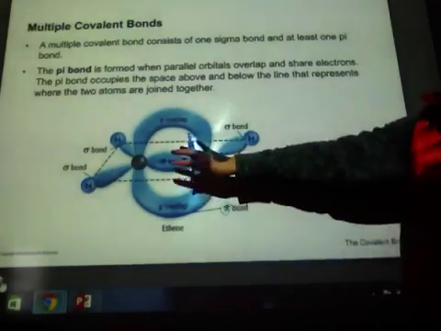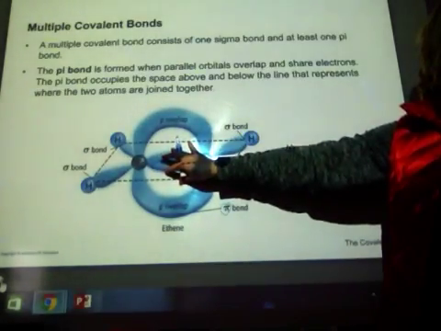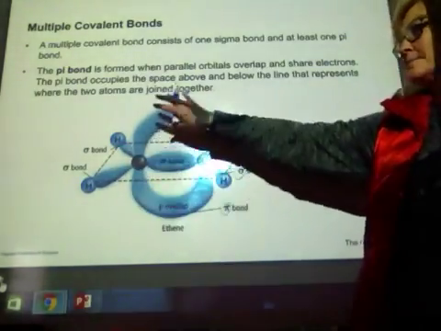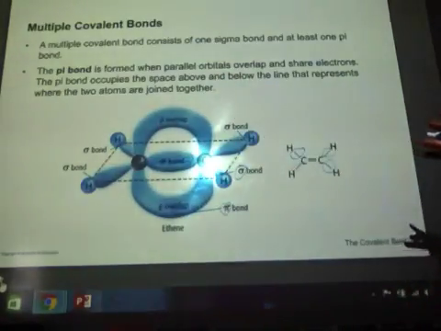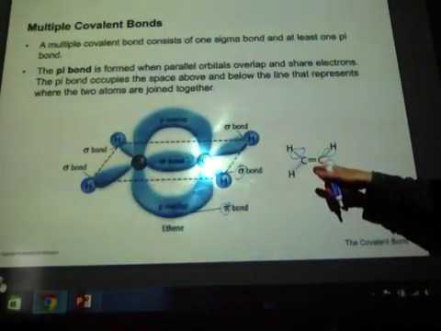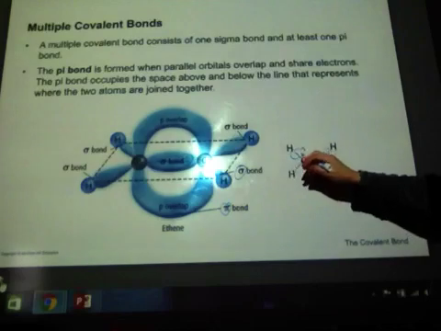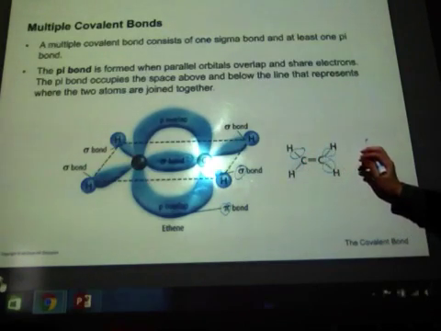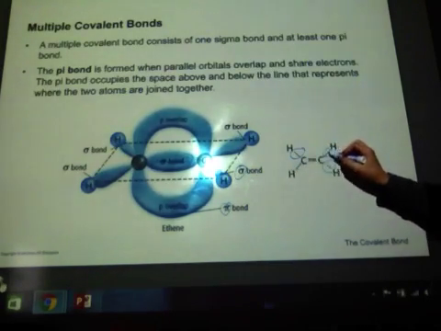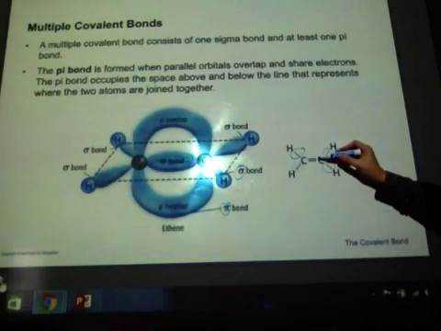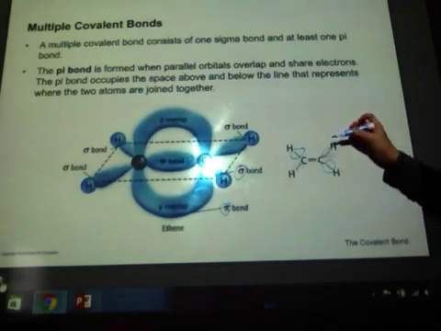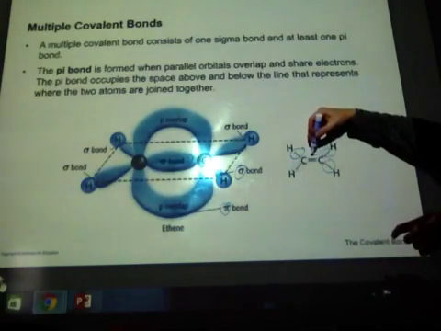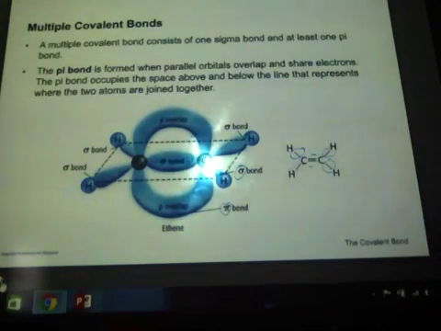As far as this drawing goes, I don't expect you to memorize this drawing, but I expect you to know that anything that has a single bond, sigma, sigma, sigma, sigma, if it's a double bond, it has a sigma and a pi. And a pi actually means that it falls on 2 sides.